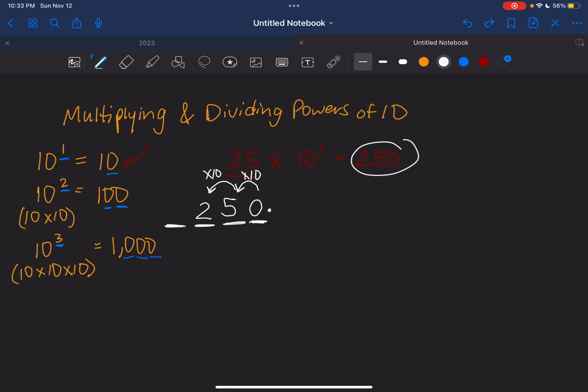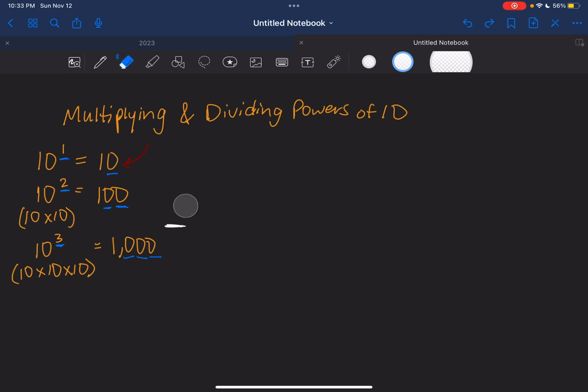Now there's another way you could look at this problem. I'm going to take the same problem, which was 25 times 10 to the first power.